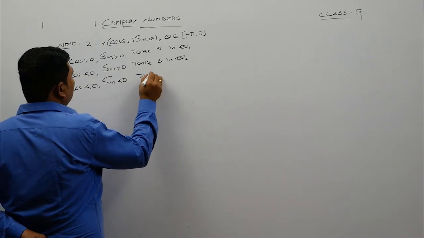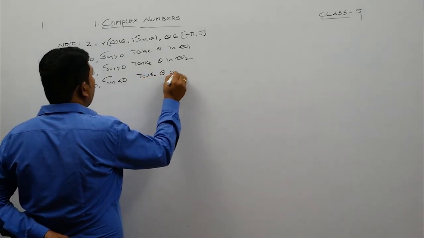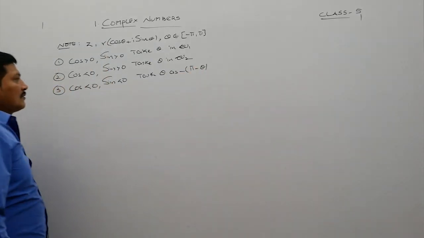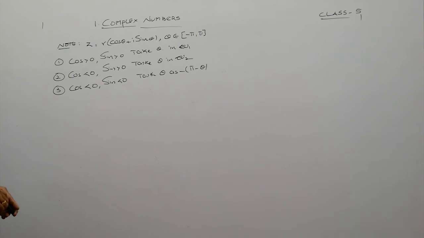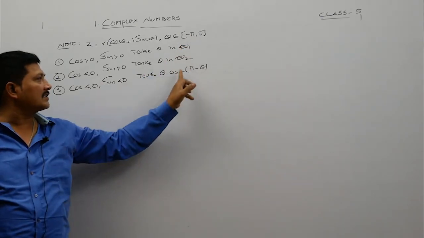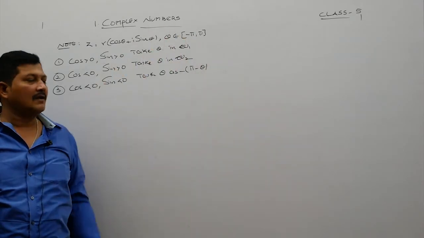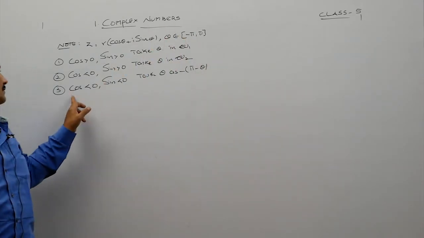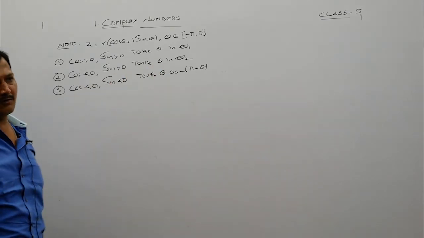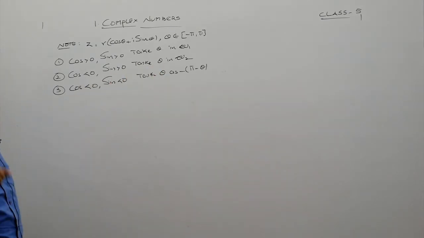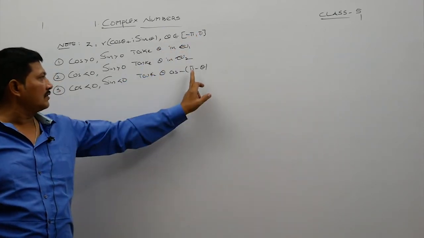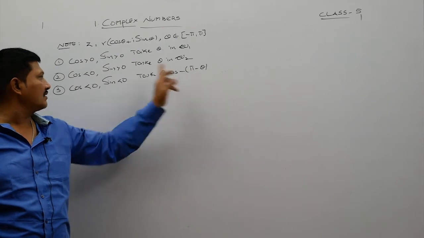Take theta as minus of pi minus theta. Clearly pi minus theta belongs to this one, and the minus of pi minus theta lies here. So especially in this case, both cos and sine are negative. You cannot go to third quadrant. You must remember that the principal value must lie in between minus pi and pi. So this is what you must remember in this case.